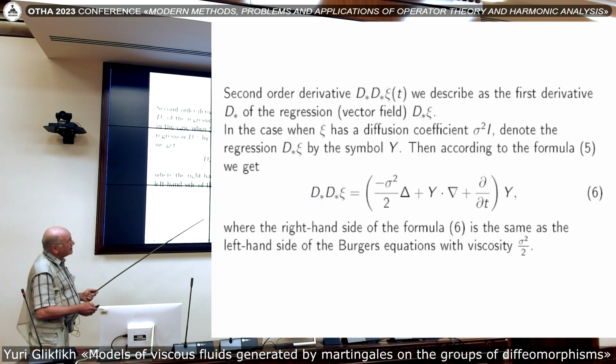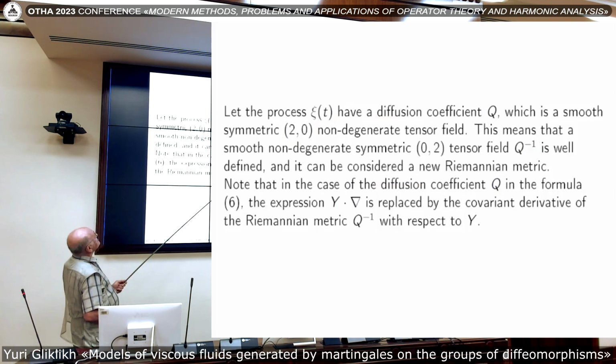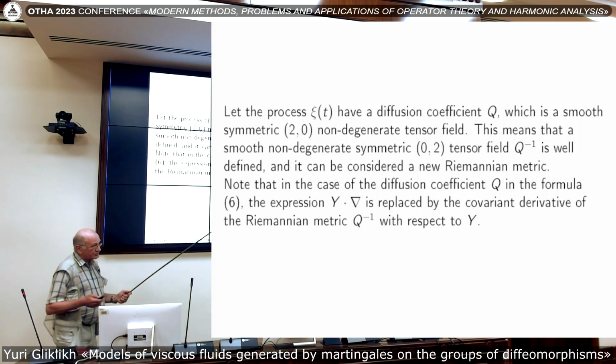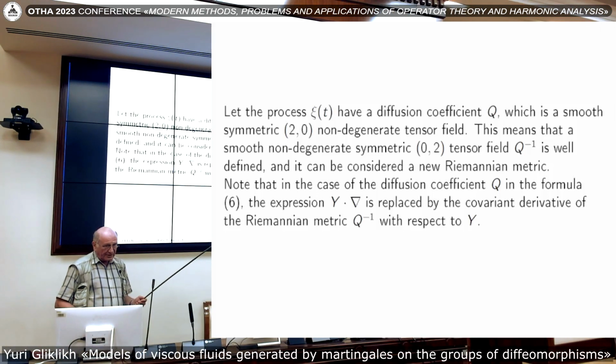For more complicated processes, there is such a situation. If it is not a unit, then we suppose that it's invertible. And after inversion, we obtain a new Riemannian metric on this torus.